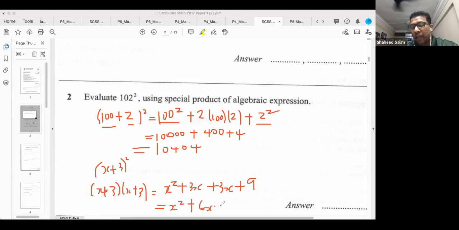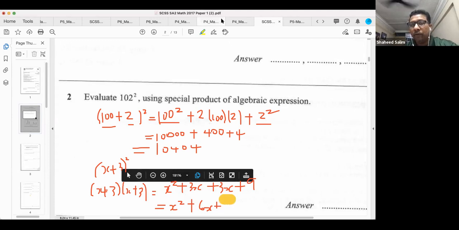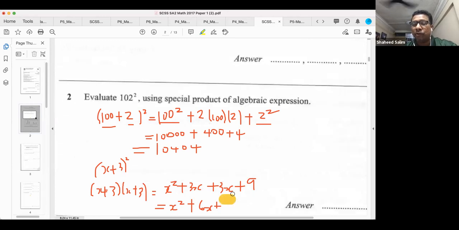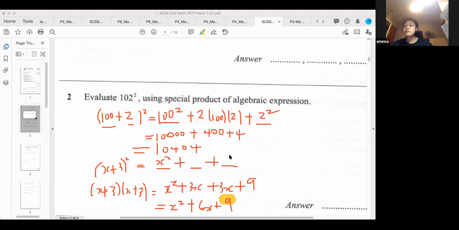But because I've done it many times, I can see a pattern. So what is the pattern? This is a higher level. When you do it many times, you can see, oh, this one very easy. There will be 3 terms here. This one will be square, this one also square. 3 square is 9.